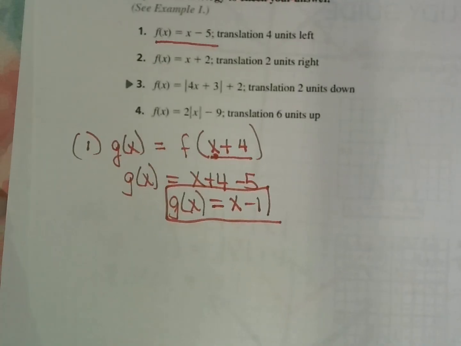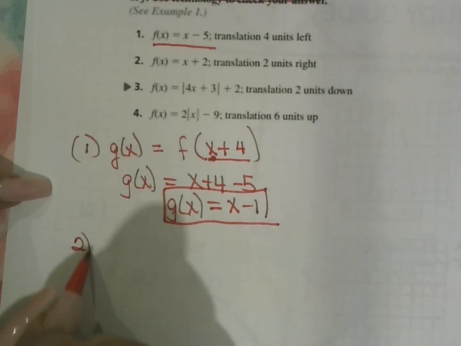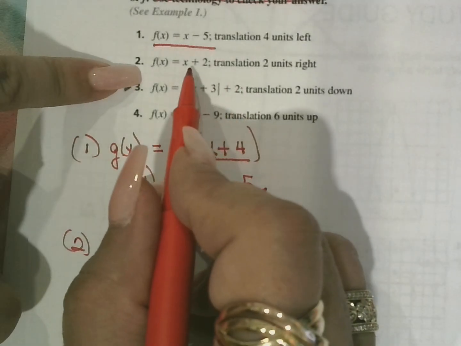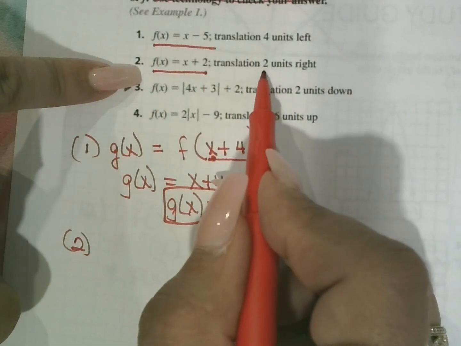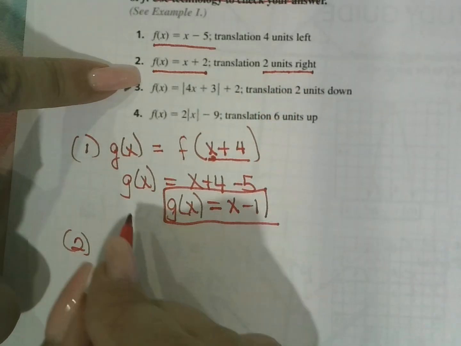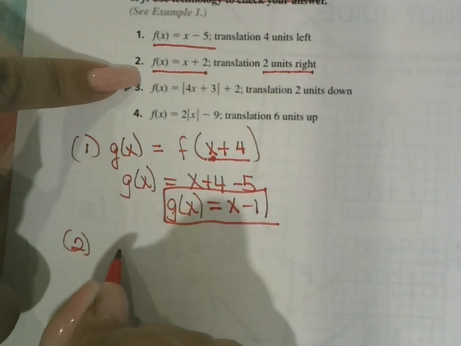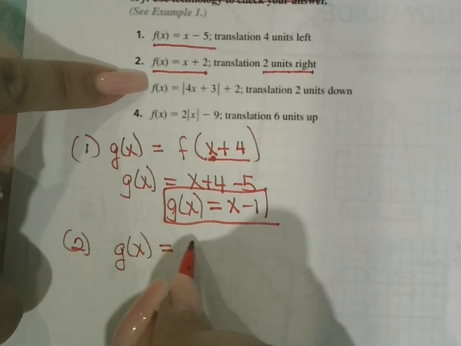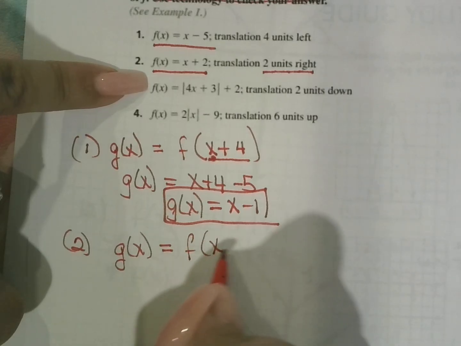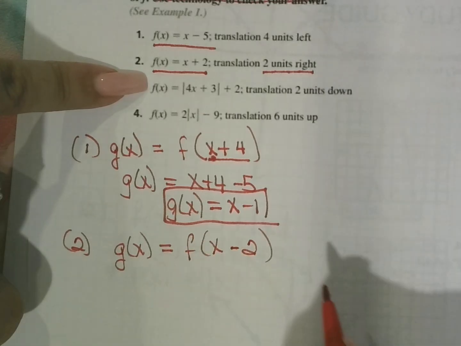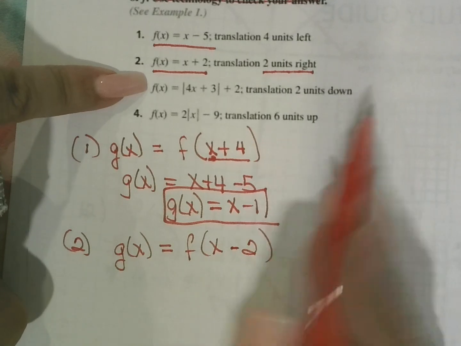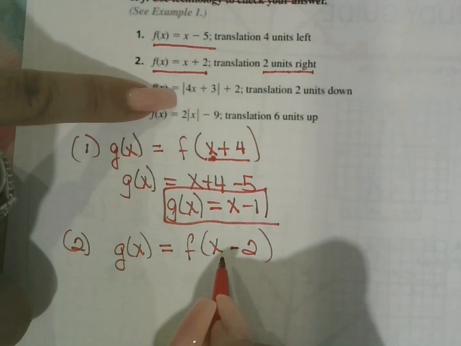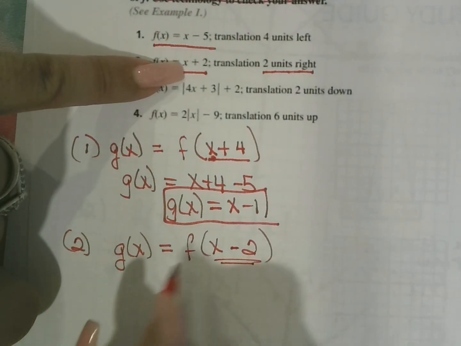Okay? Taking a look at number 2. Here we have f of x equals x plus 2, and the translation is 2 units to the right. So that's going to be g of x equals f of x minus 2, because it's the opposite of what we think when we're going left and right. So that means we're going to go back up here, and wherever there's an x, you're going to put an x minus 2.